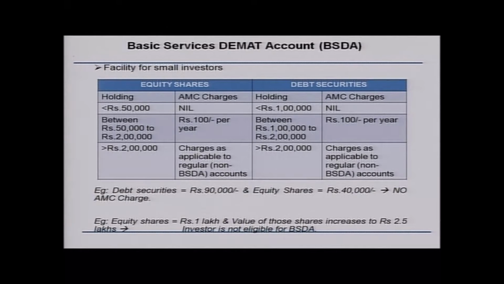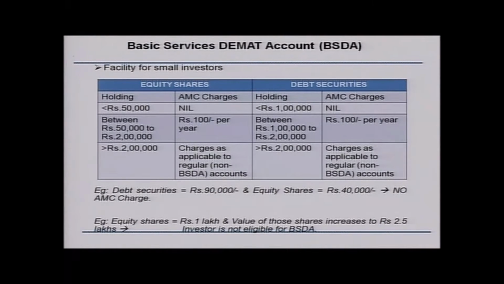If the valuation of holding in my demat account is from 50,000 to rupees 2 lakh, then the maximum AMC that can be charged from the investor is rupees 100 per year, not more than 100 rupees per year.